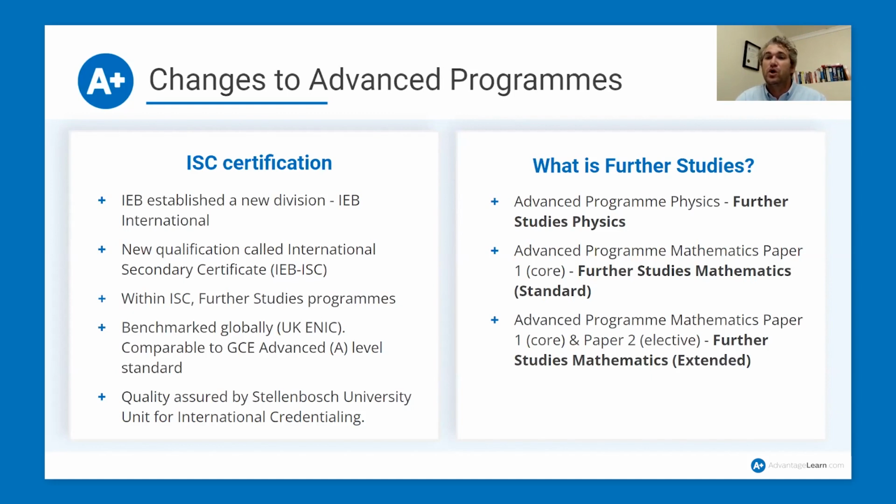Moving forward, learners will be able to write paper 1, and if they pass paper 1, they can achieve a further studies mathematics standard certificate, which is an additional qualification, as mentioned. If they go ahead and write both papers, they can achieve a further studies mathematics extended certificate, which is also an additional qualification. And all of those domains are benchmarked to a GCE A level, which is really, really great. It actually makes achieving that qualification and certificate a little bit more attainable for learners.